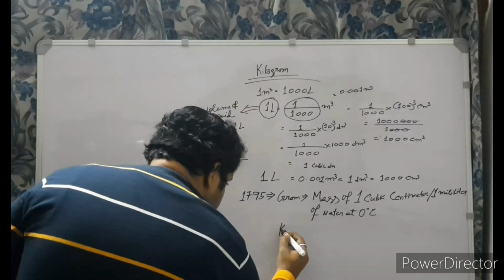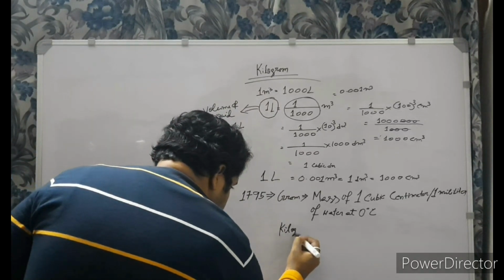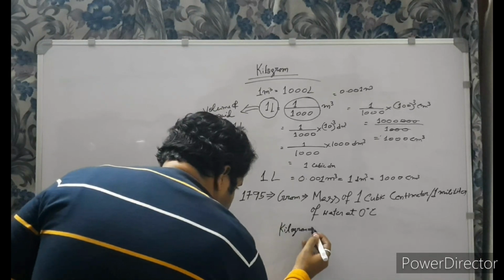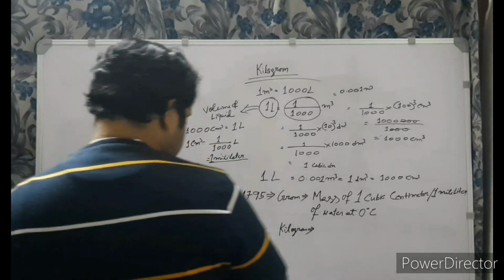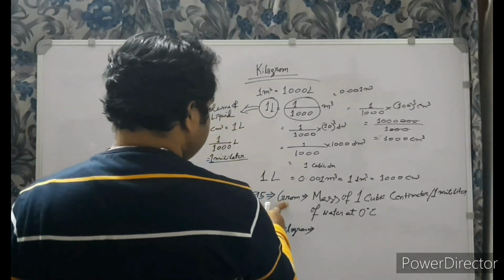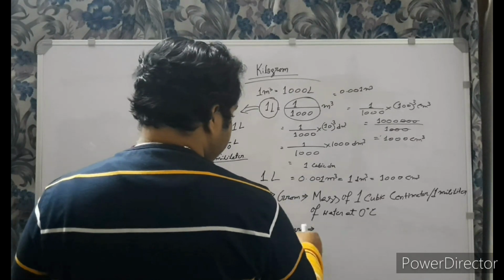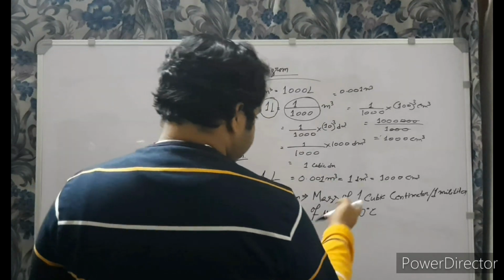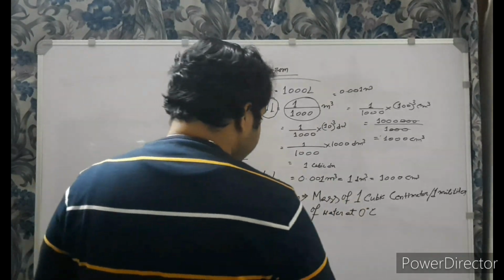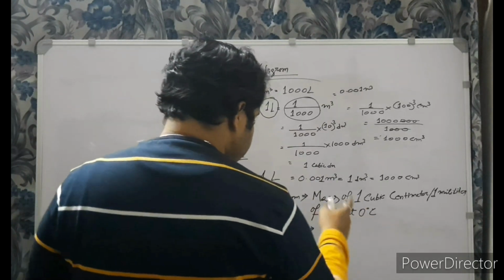So what was kilogram? It's very easy. If you multiply gram by 1000, it turns into kilogram.